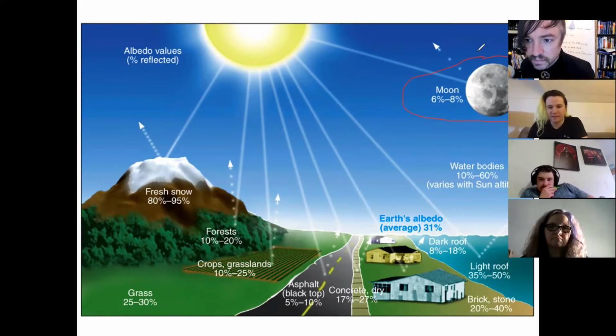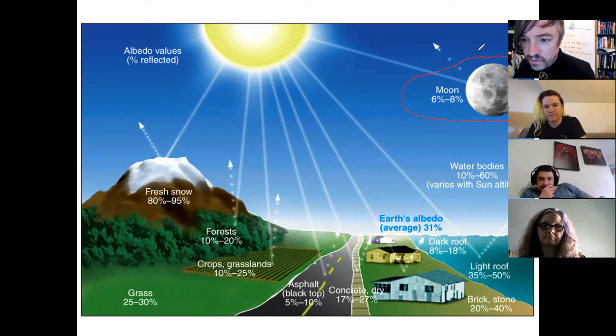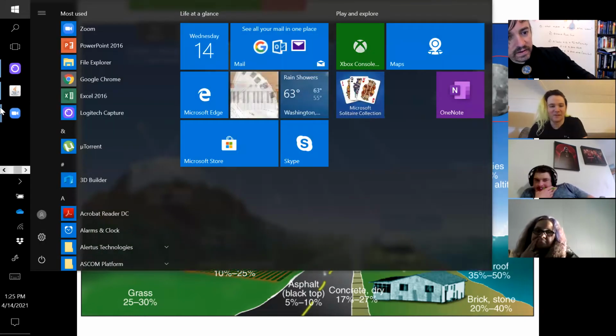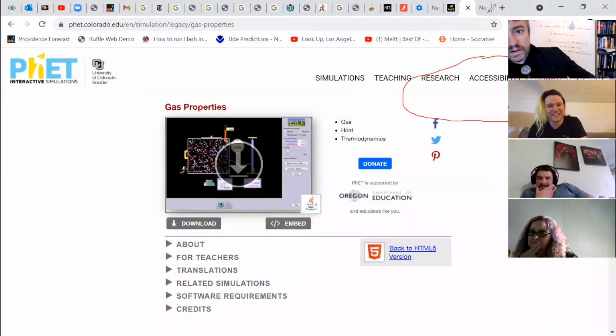I guess asphalt. Or blacktop, right? Yeah. So I don't get it then. Is the moon's surface white or is the moon's surface dark? Well, I mean, so yeah, I don't really know how to answer that.